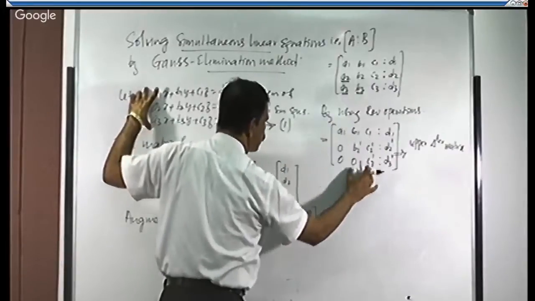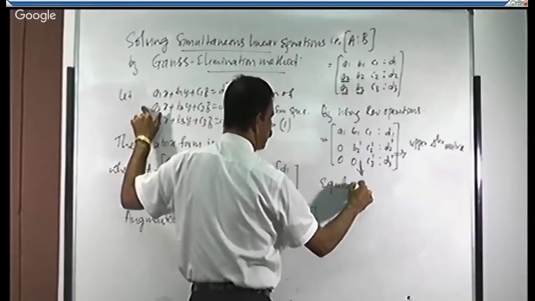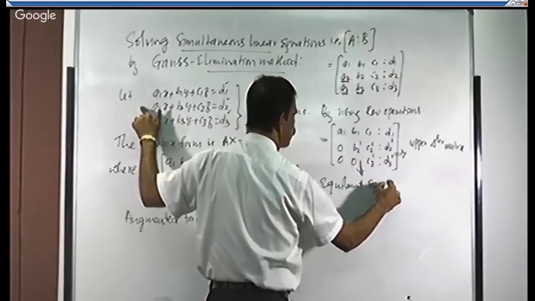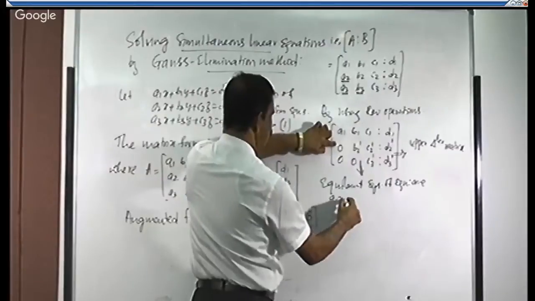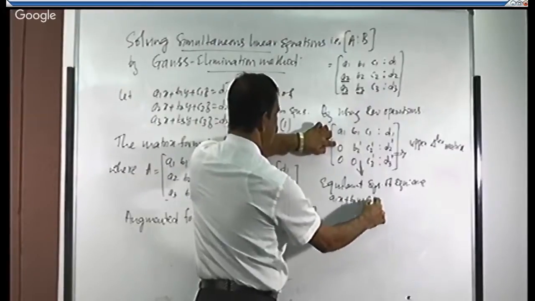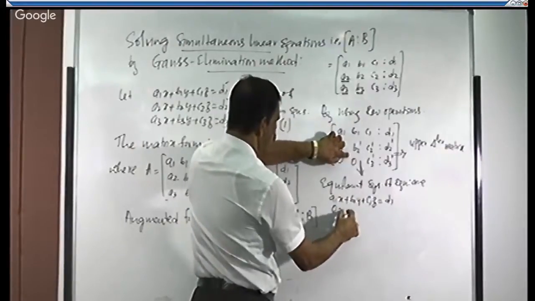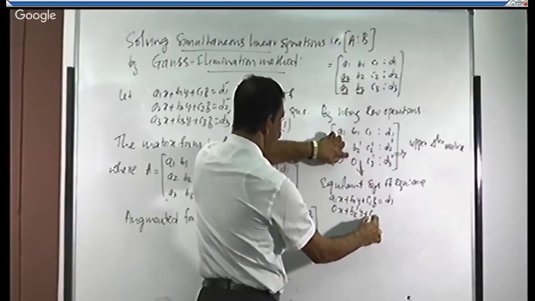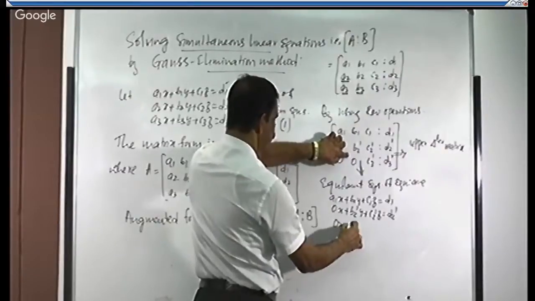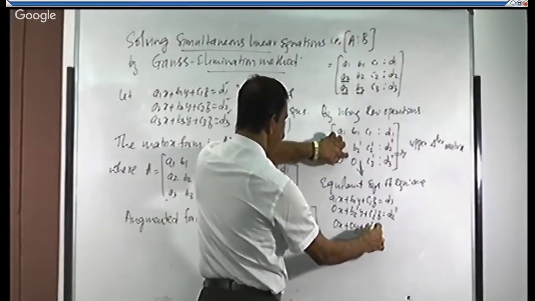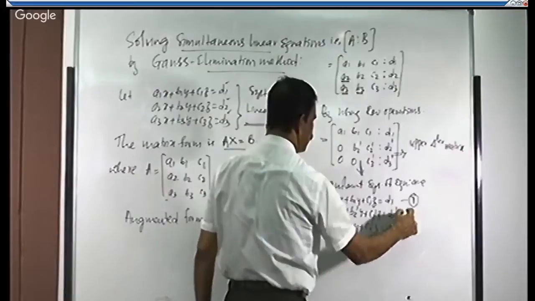This is written as the equivalent system of equations: a1 x plus b1 y plus c1 z is equal to d1. 0x plus b2 dash y plus c2 dash z is equal to d2 dash. 0x plus 0y plus c3 dash into z is equal to d3 dash. Take these equations 1, 2, 3.